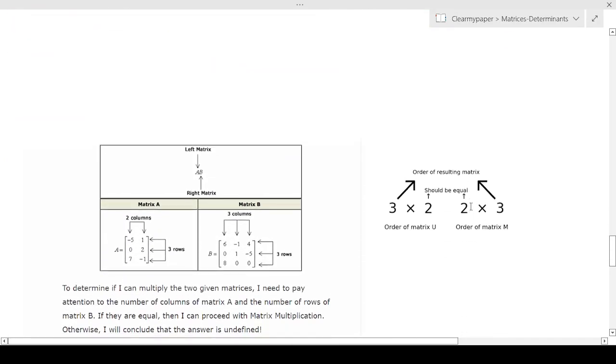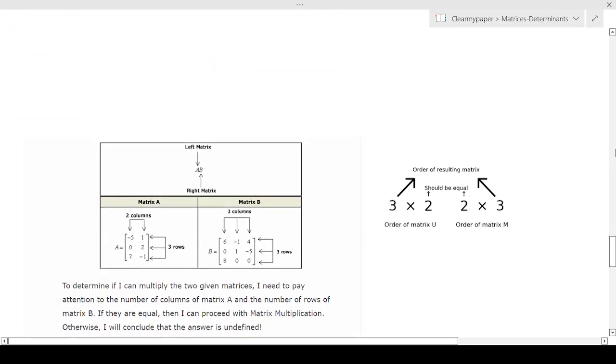And in summary over here, there's another way of nicely summarizing it, right? If there are 2 matrices on the right side, there's matrix U and this is matrix M, let's say, and if you want to multiply those, it's a very simple rule. First you see the number of rows and number of columns on this matrix, and you always write the rows first, followed by the columns, as a nomenclature. Here the number of rows is 3, and the number of columns is 2, and here is the number of rows, and here is the number of columns, right?